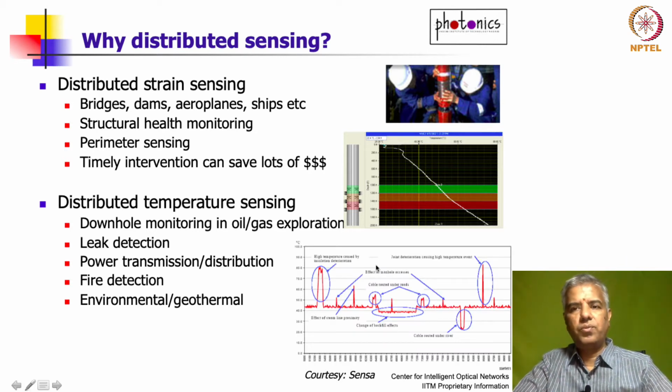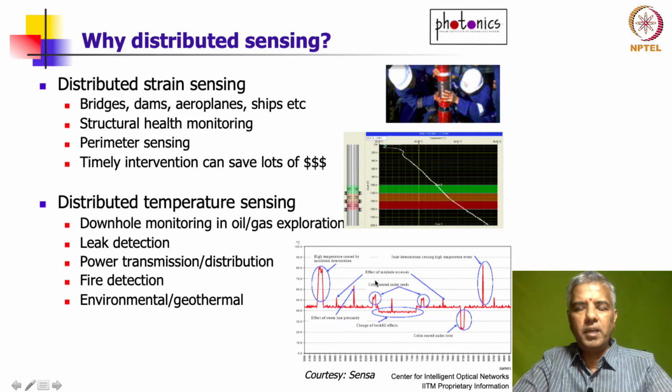Similar sort of information can be very useful for another application, which is power monitoring and distribution. Remember, we talked about the example of a smart grid, and we said it would be nice if we could monitor the transmission or distribution of power along those electrical lines, and that is possible if along with the power cable you have an optical fiber embedded. So what do you see in this case?